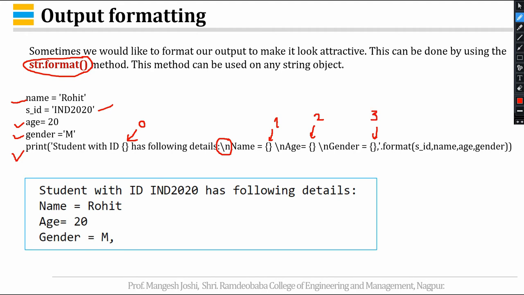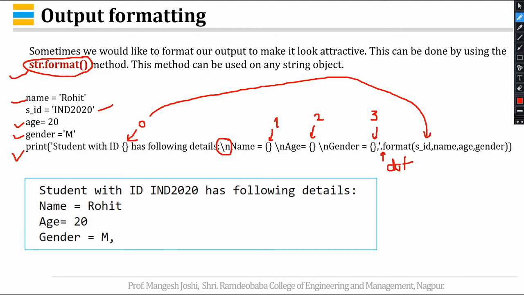Now this is one entire string enclosed in single quotes. Then I have used the dot operator, and then I have written dot format. This is nothing but string dot format. Now you have to keep the placeholder for this. For 0, what you want is SID.